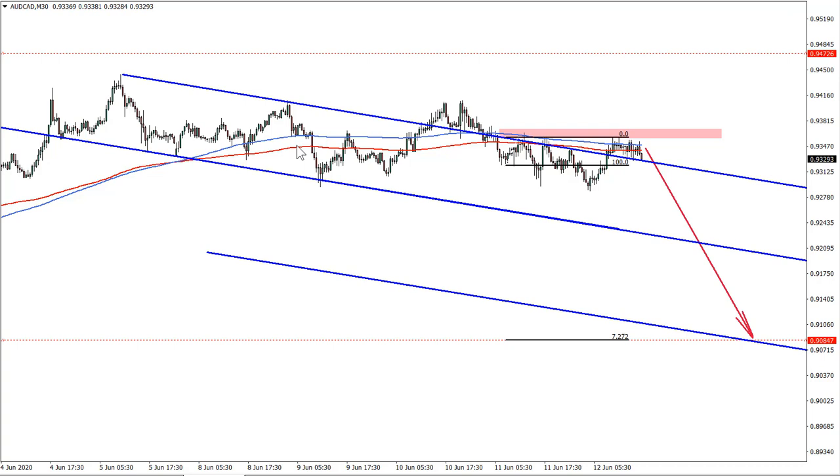I think it will be our final move for some pairs and just the initial move on other pairs. We can see Australian Japanese yen went down substantially while Australian Canadian dollar actually didn't go that much. So that's what might happen.